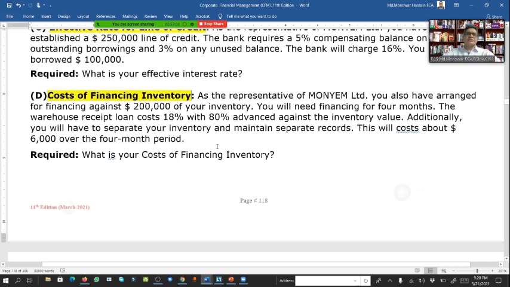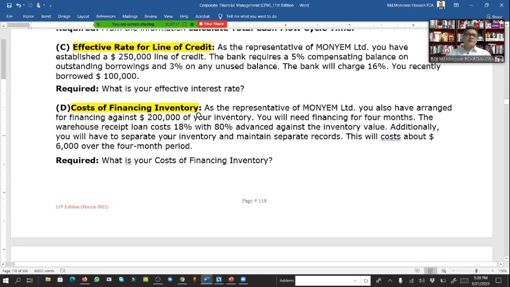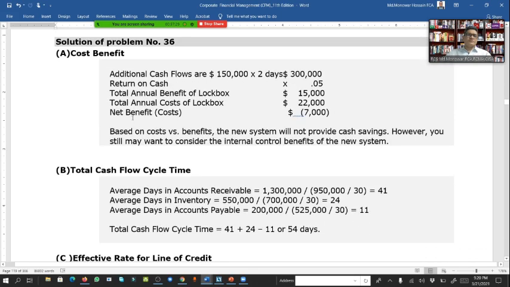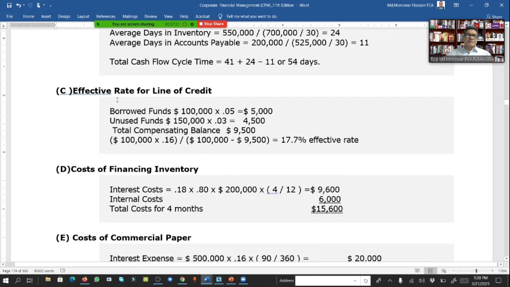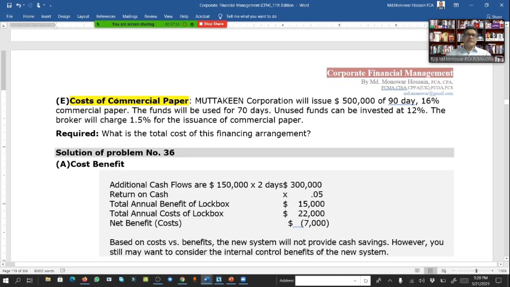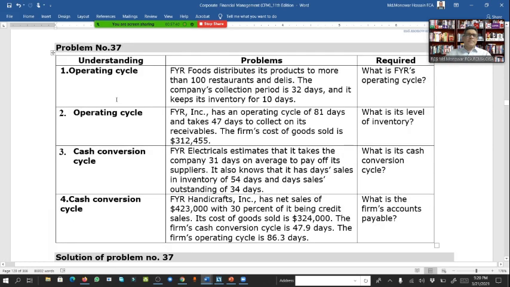Each and every case is unique, so here there are 4 cases, and another one is the cost of commercial paper, so all 5 are here. I think you should try it after seeing the question. And here is another question.